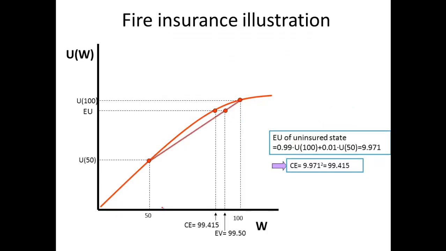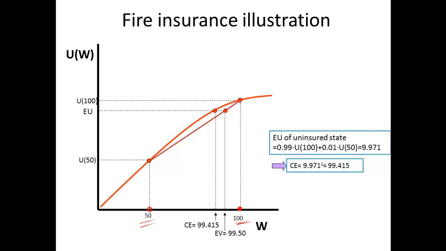All right, here's a picture, not entirely drawn to scale, just so that we can actually see everything. So let's summarize what's going on here. Here's the wealth if there's no fire. Here's the wealth if there's a fire. So this is 50, this is 100. Now the idea is that the expected utility is 99% of the way between here and here. I say it's not quite drawn to scale, and it's not. But let's talk about two things.